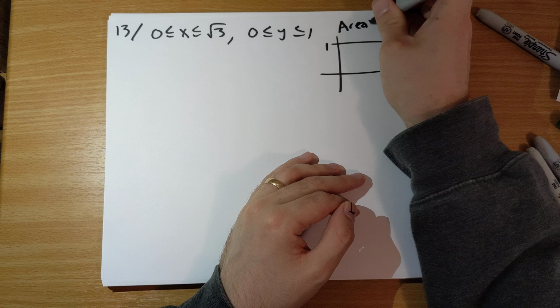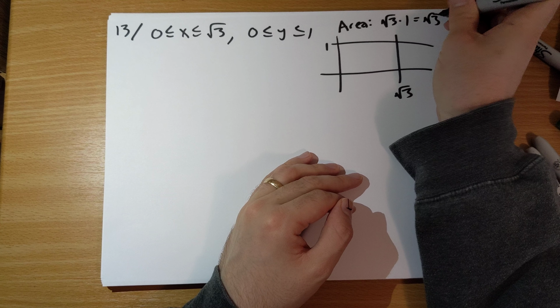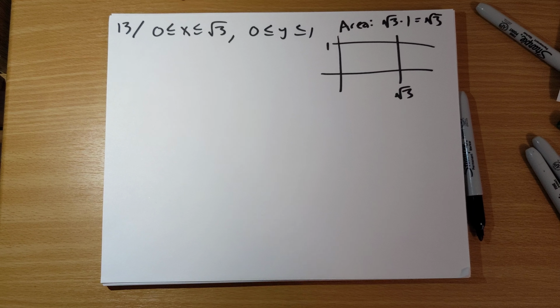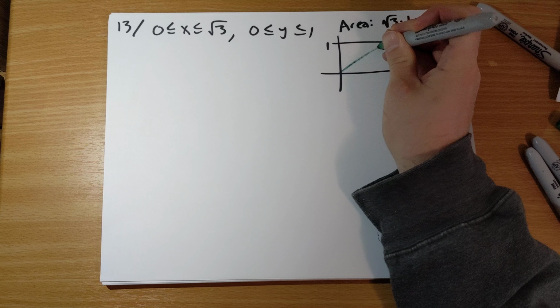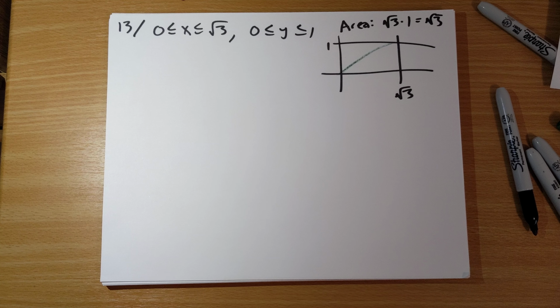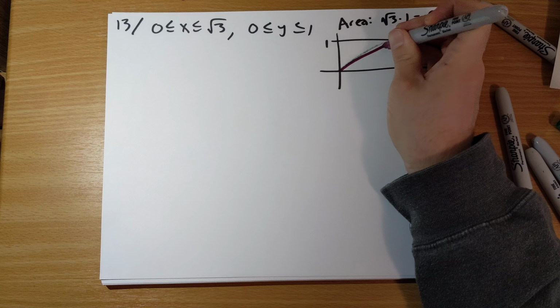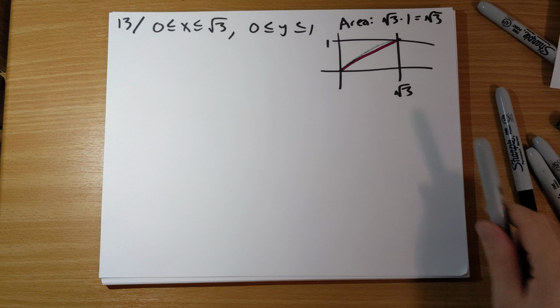Of course, we know the area is just going to be square root 3 times 1, which is square root 3. We know that. But let's just verify this using polar coordinates. How do we do this? Well, we're going to need to break up our area into two chunks, and we'll evaluate two separate integrals here.